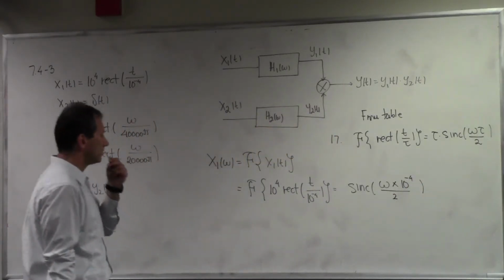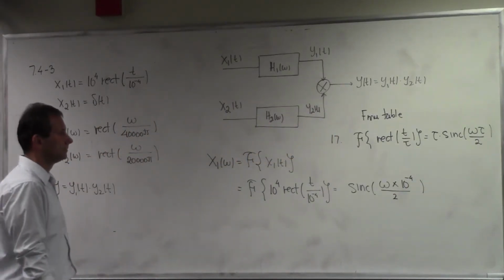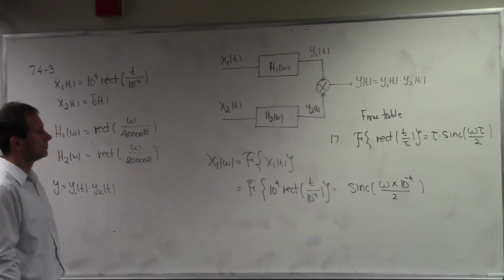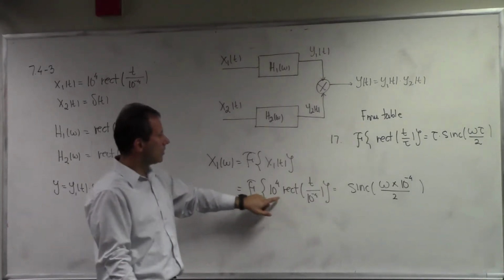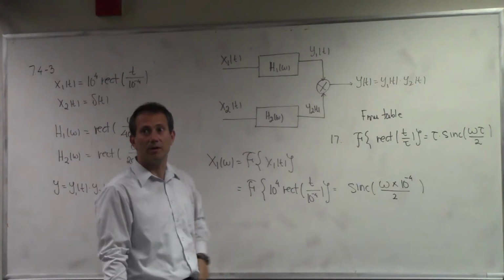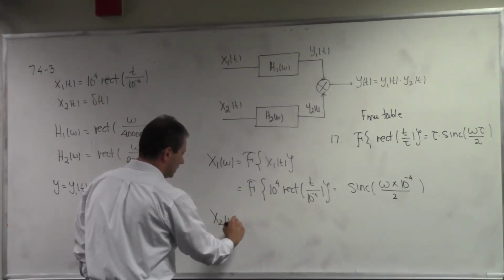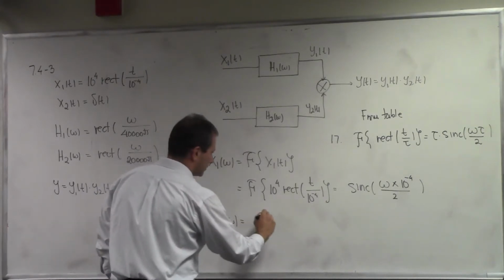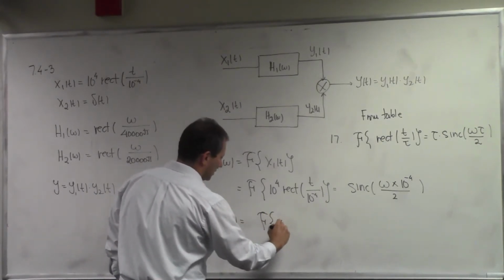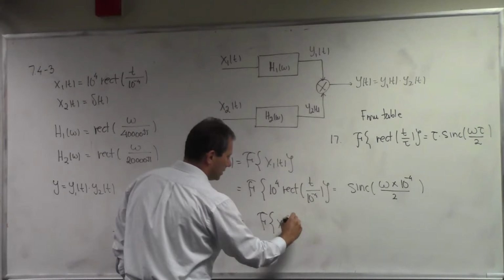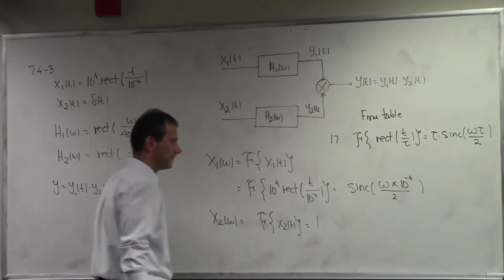We're also multiplying it with tau, and since I have 10 to the 4 times tau, that gives me 1. Now X2 of omega is really trivial. It's the Fourier transform of x2 of t, which is just 1.